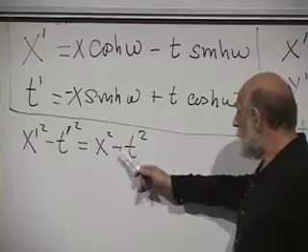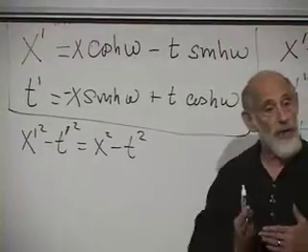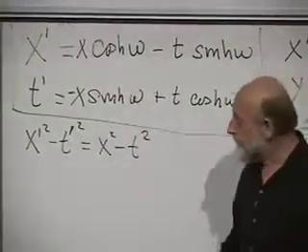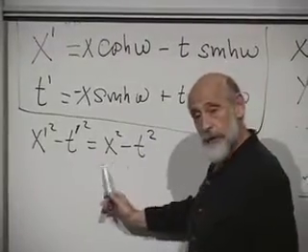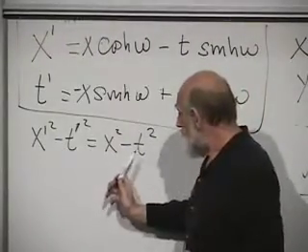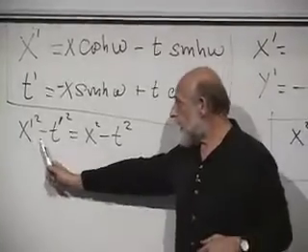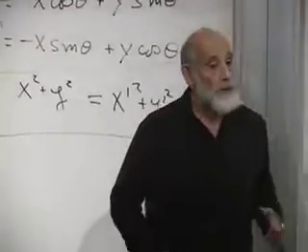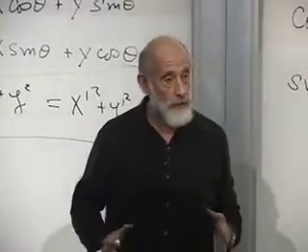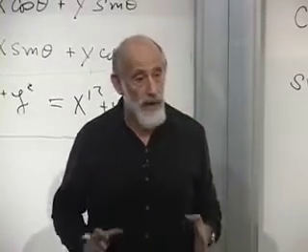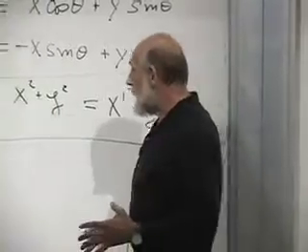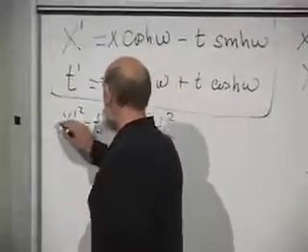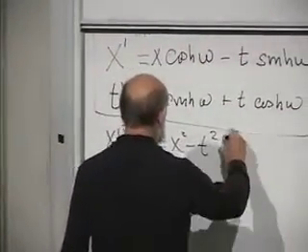But x equals t, that's the same as something moving with the speed of light in the x frame of reference. If this being 0 is equivalent to the left-hand side being 0, it says that in both frames of reference the light rays move with the same velocity. Okay. So that's the basic tool that we're using here.